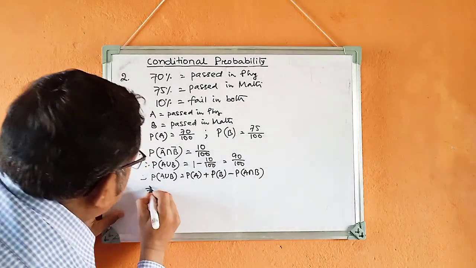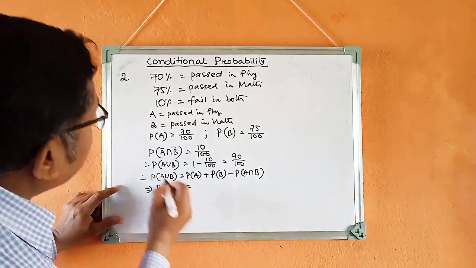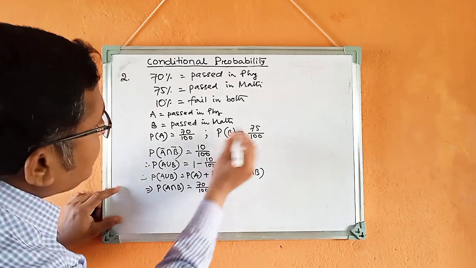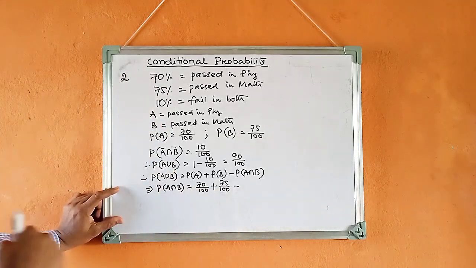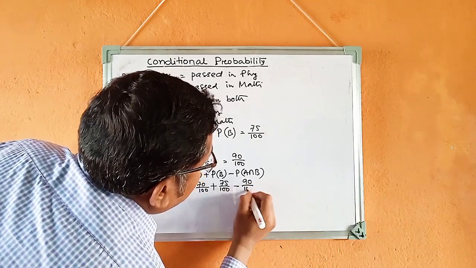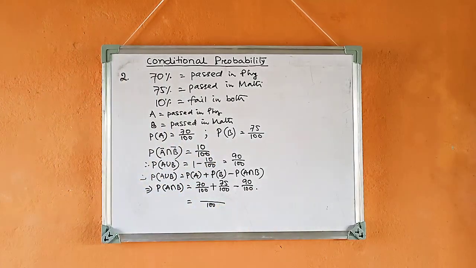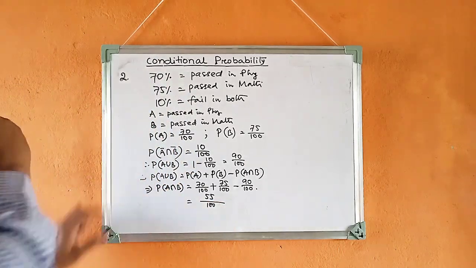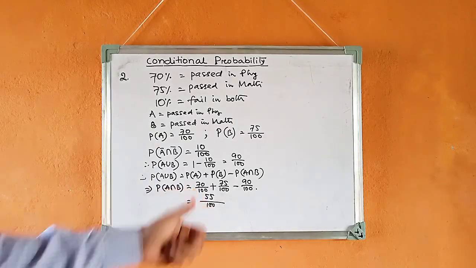So P(A intersection B) equals 70 by 100 plus 75 by 100 minus 90 by 100. With 100 as the LCM, 70 plus 75 minus 90 is 55. So P(A intersection B), passed in both subjects, is 55 by 100.